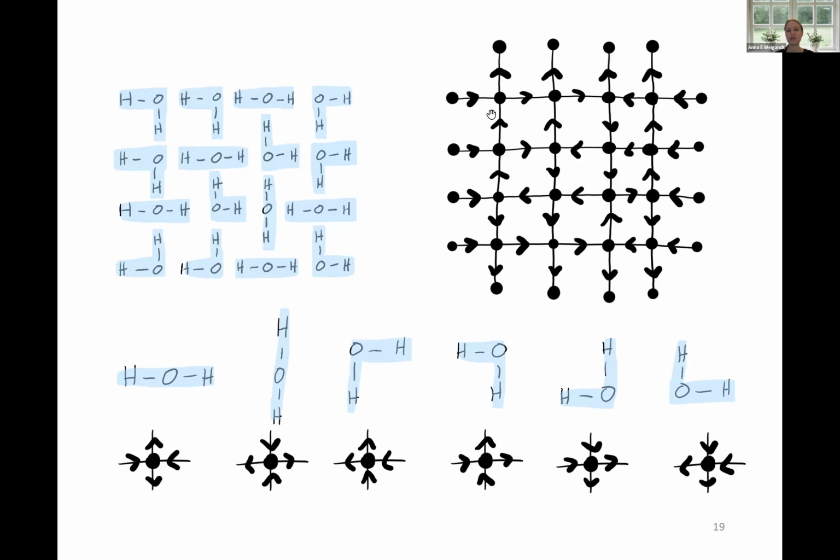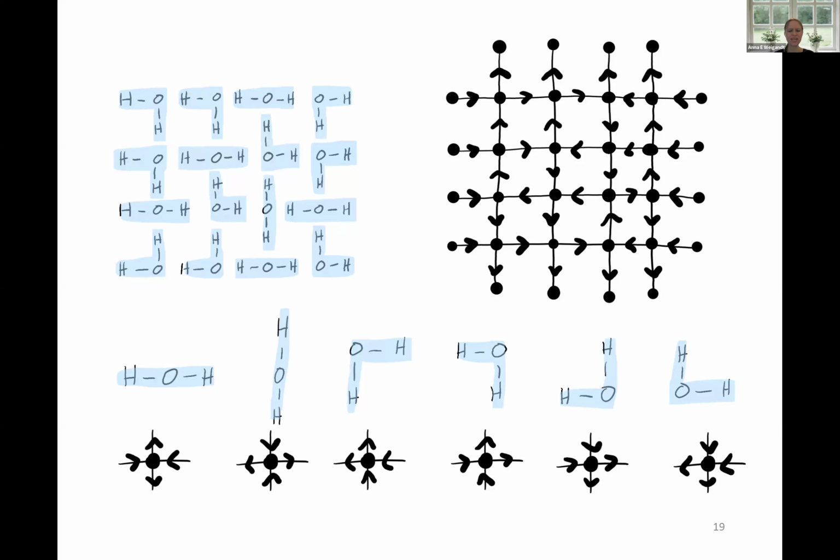But then you're free to orient things around the interior vertices in all sorts of ways with a given rule that at any interior vertex, you must have 2 arrows going in and 2 arrows going out. So if you need to have 2 in and 2 out, this gives you 6 total possibilities at any interior vertex. So this is often called the 6-vertex model. So we can line up our molecule configurations with our interior vertices like so.